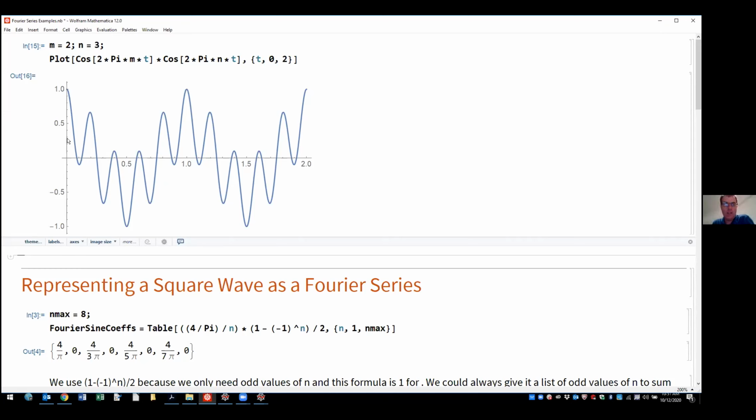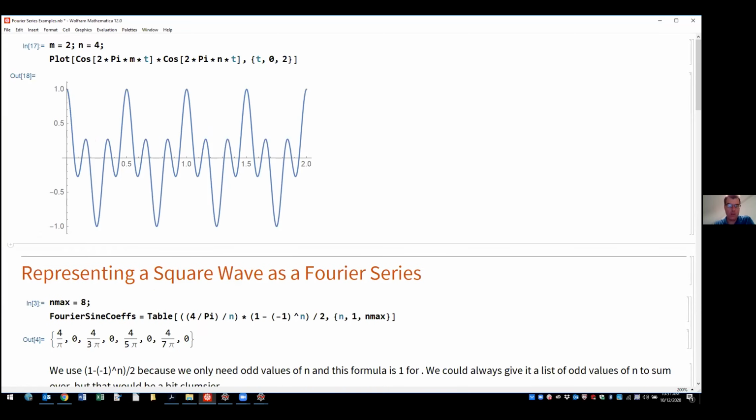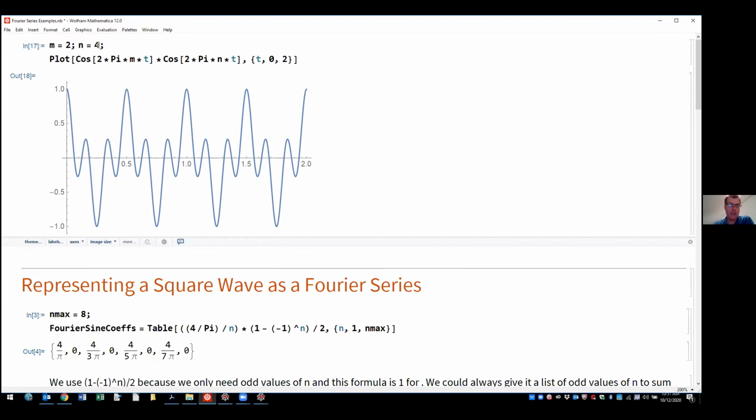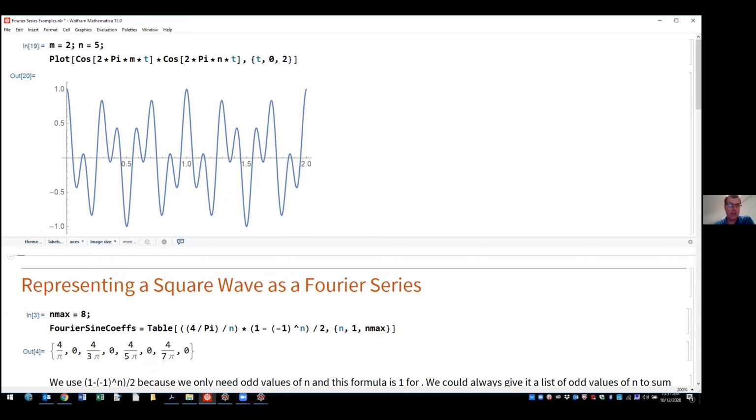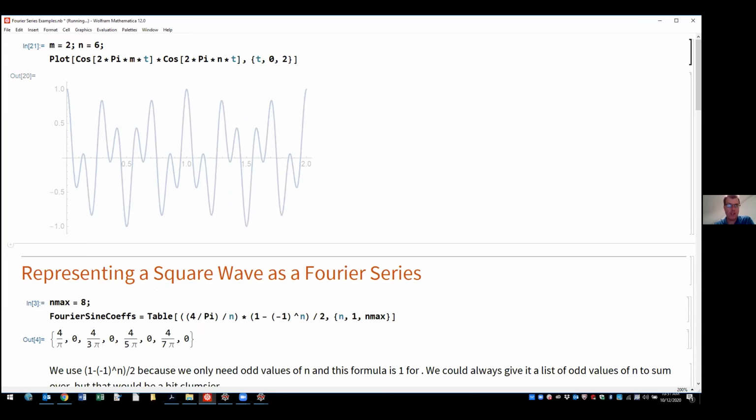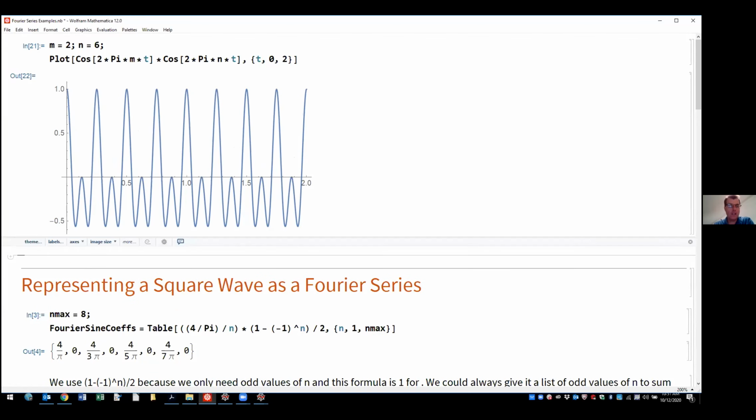Anyone else? We could change it around. We could go to other values of n and m. And no matter what we do, we get something that is, that one is far from obvious.